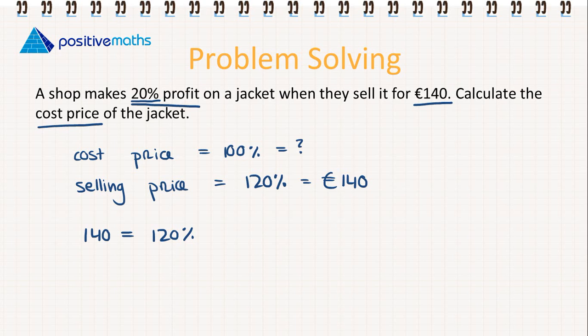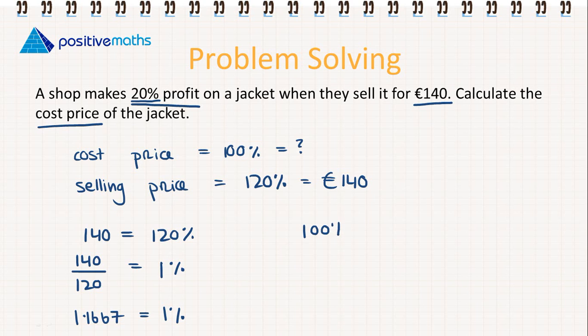We want to find 100%. So the first thing we do is we can find 1% by dividing 140 by 120. And we will get 1.1667 is equal to 1%.